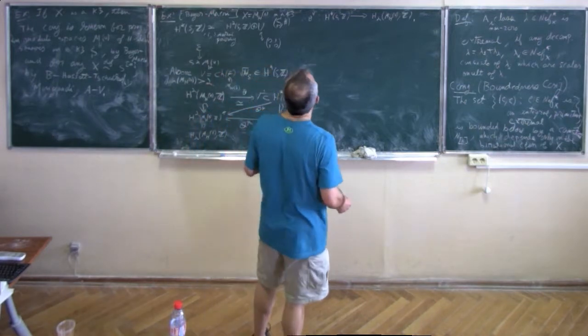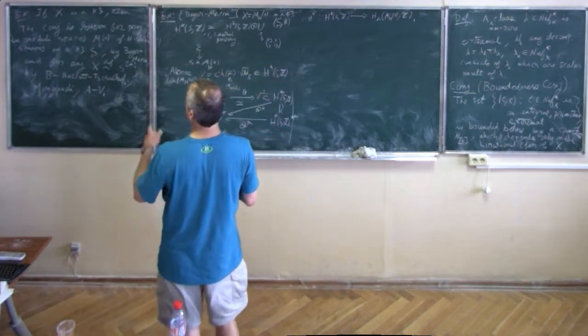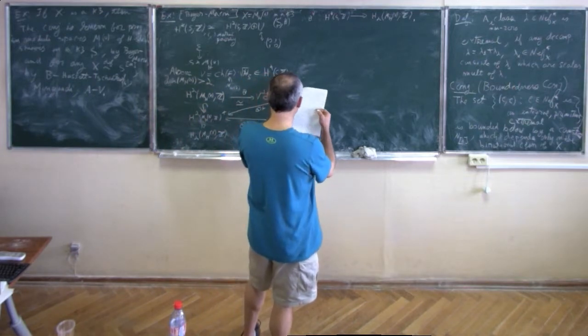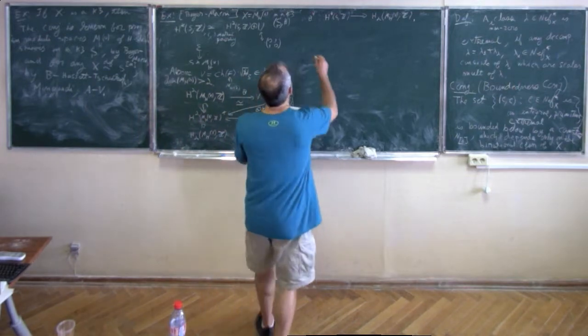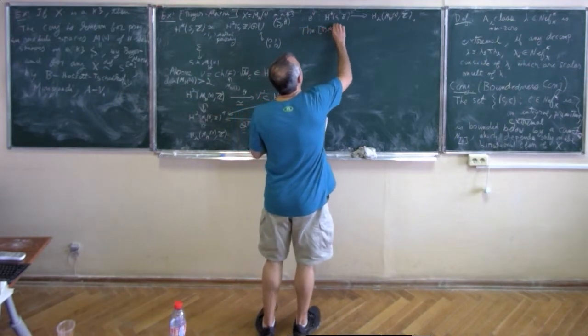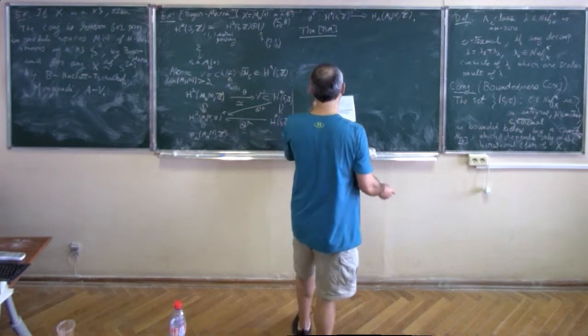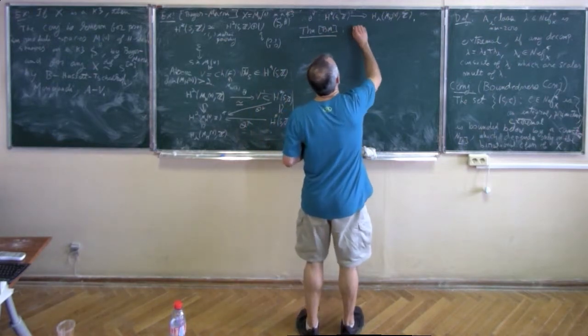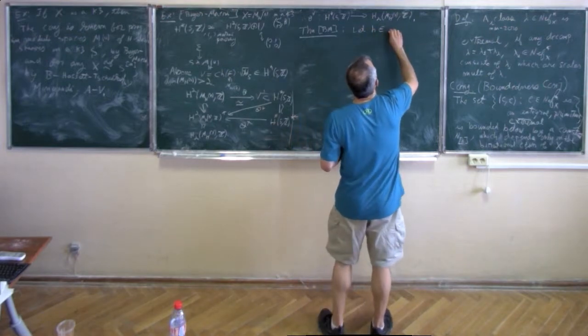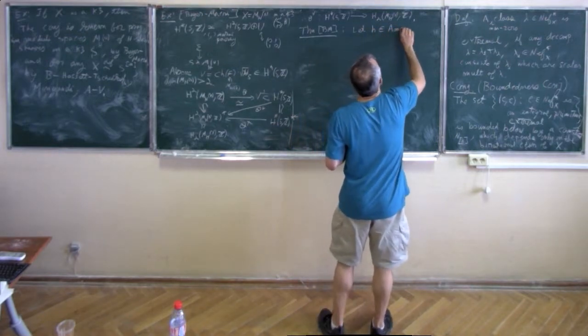And now I'm going to describe Bayer-Macri's result about the ample cone of the moduli space. So, theorem, Bayer-Macri. We need to choose an ample class. So let H be an ample class on the moduli.